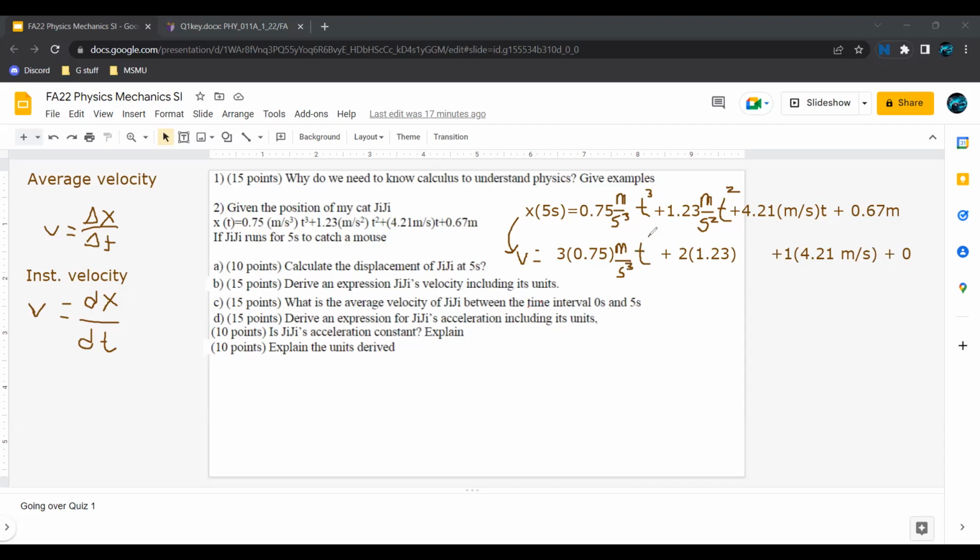And then this is gonna be 2, right? Because we subtracted that 3 by 1. This t squared is going to become t to the power of 1. And then this t is just 1, because t to the power of 0 is equal to 1.